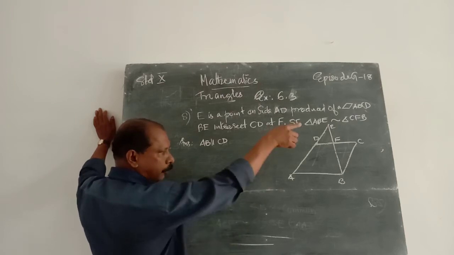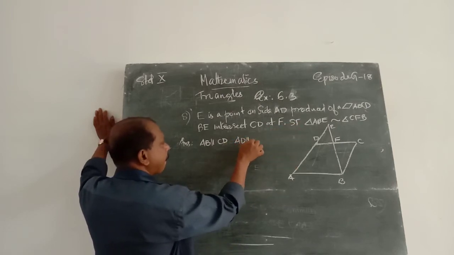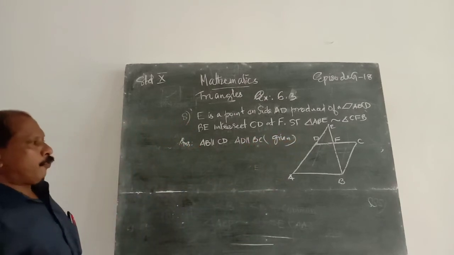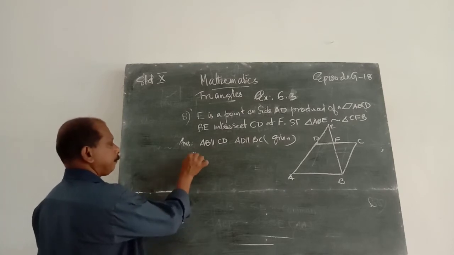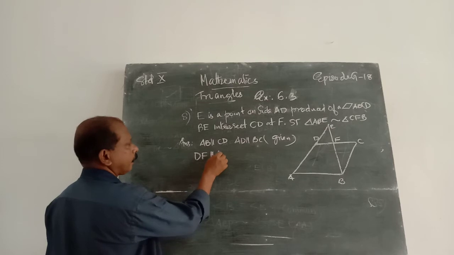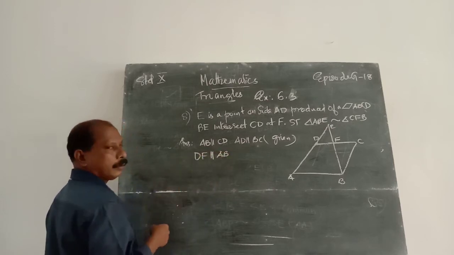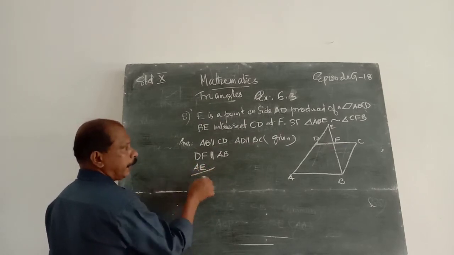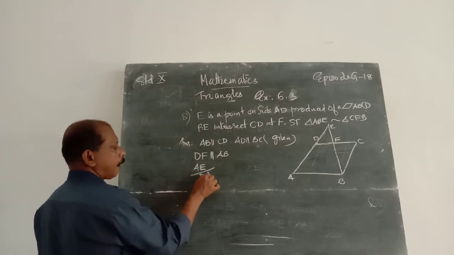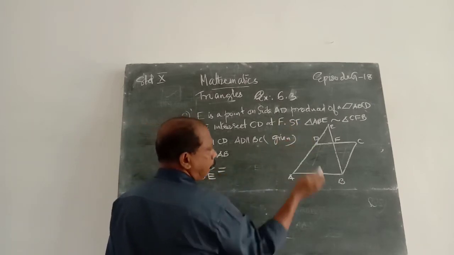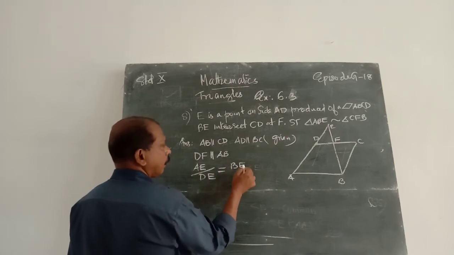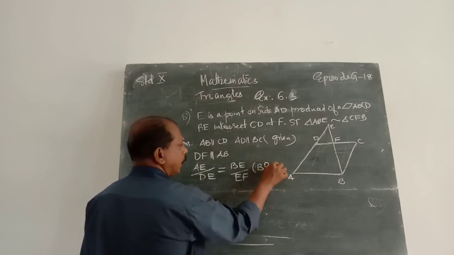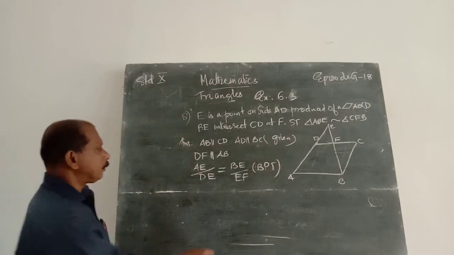AD is parallel to BC. That is given. Therefore, DF is parallel to AB. Therefore, AE by DE is equal to BE by EF. That is basic proportionality theorem. It is an equation.